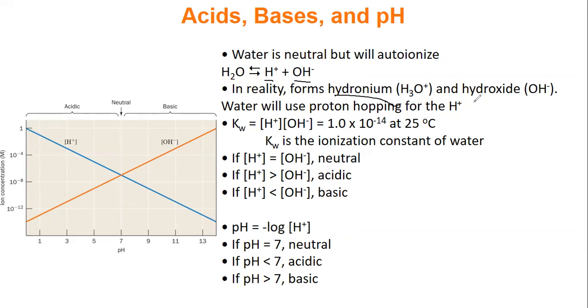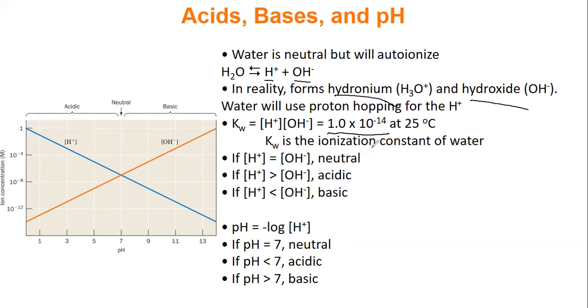It really forms these. And what's really interesting about water is that the amount of hydronium and hydroxide at any temperature is equal to a constant. And this constant is called Kw. So at room temperature, when you multiply the amount of hydronium by the amount of hydroxide in a sample of water, it will always equal this number.